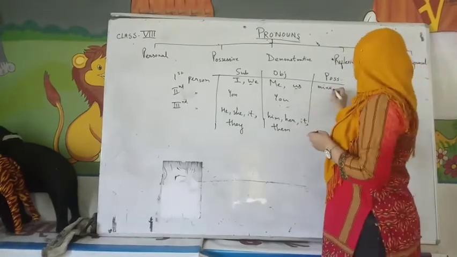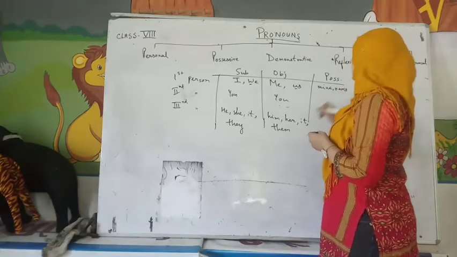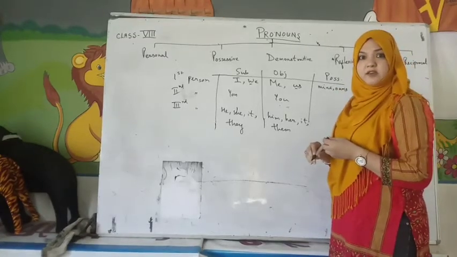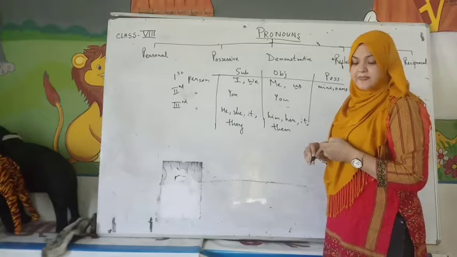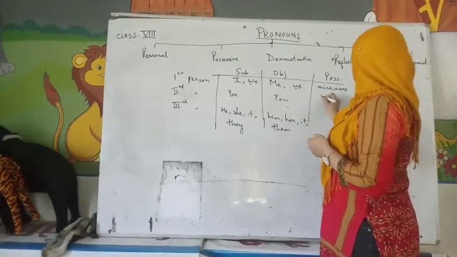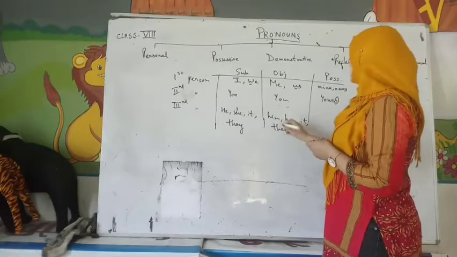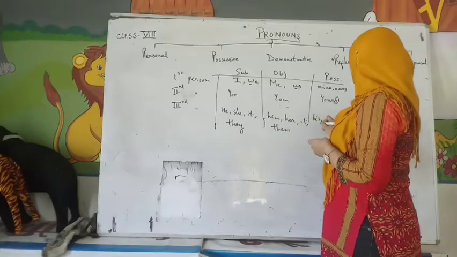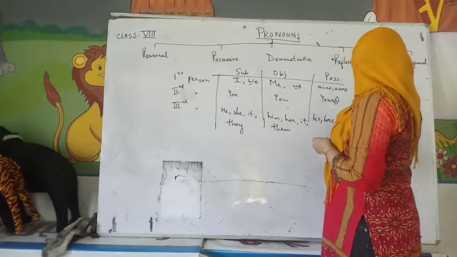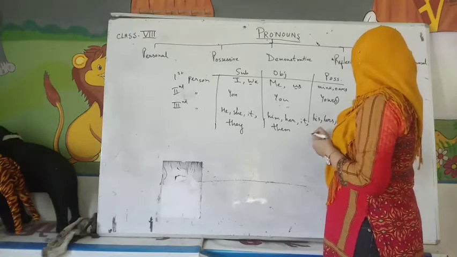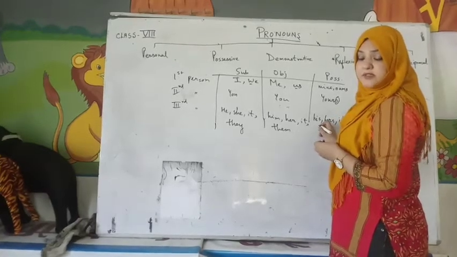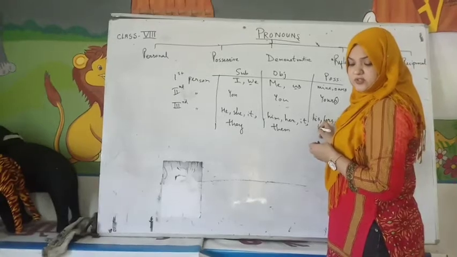Or us becomes ours. Understood everybody? Then you becomes yours with S. All of them will have S. Him becomes his, her becomes hers, it becomes its, and them becomes theirs.